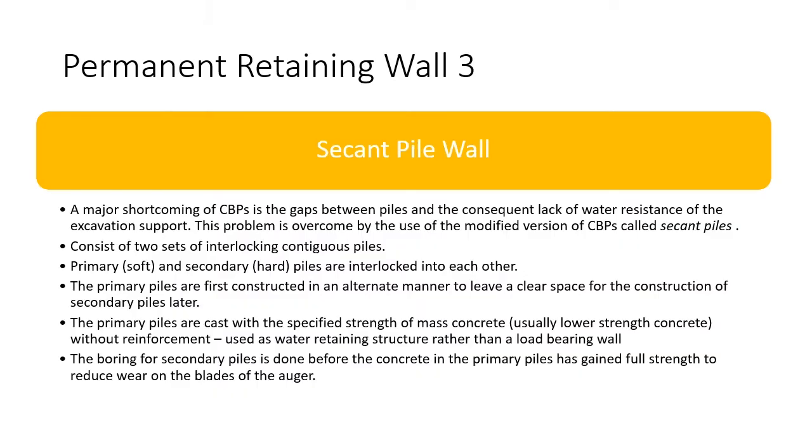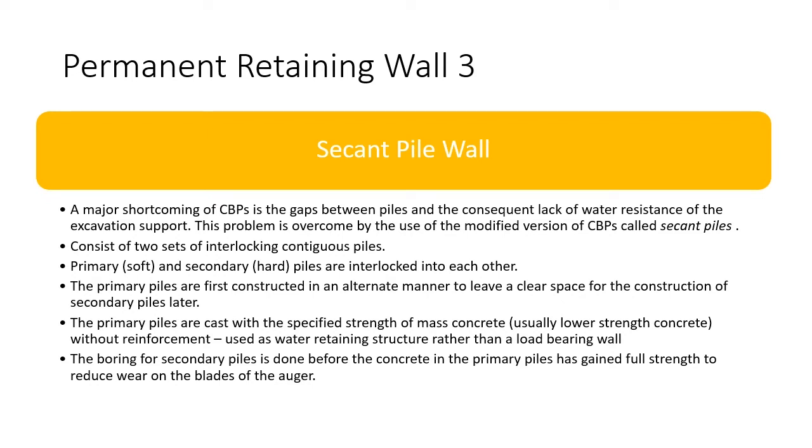A major shortcoming of contiguous bore pile is the gap between piles and the consequent lack of water resistance of the excavation support. This problem is overcome by the use of a modified version, which we call secant piles. It consists of two sets of interlocking contiguous piles. So actually sama lebih kurang macam contiguous pile, it's just that ada pile yang bersambung berdekatan.